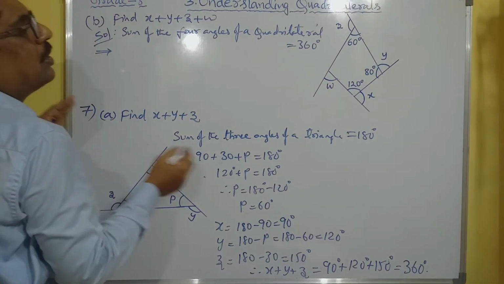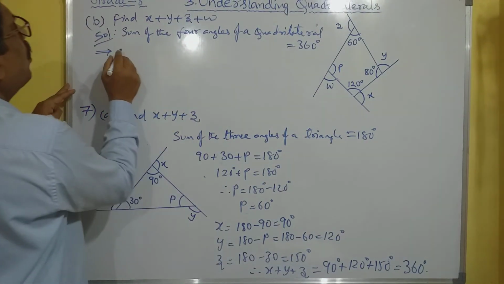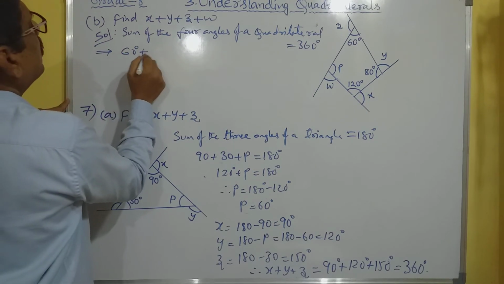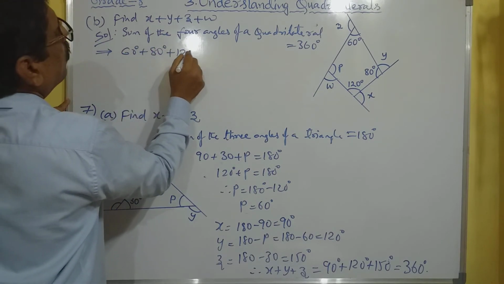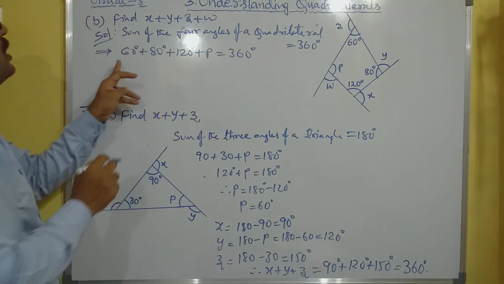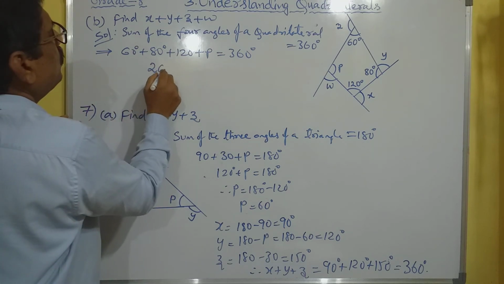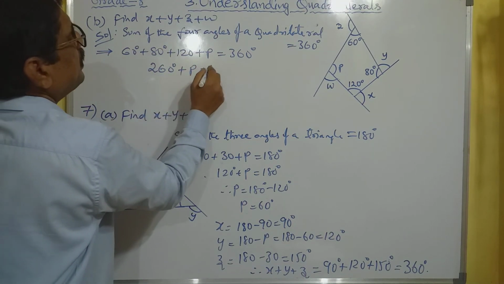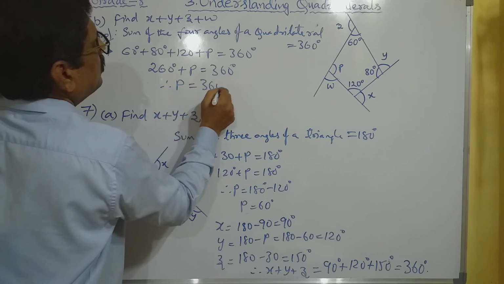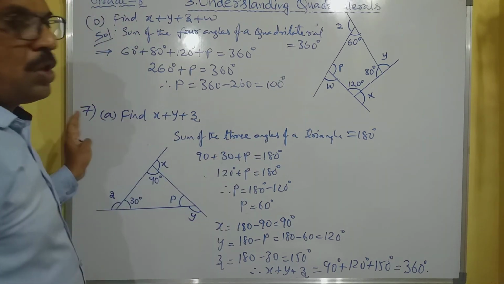This implies, let us take this unknown angle as P. So now 60 plus 80 plus 120 plus P is equal to 360 degrees. 60 plus 80 is 140, 140 plus 120 is 260 degrees, plus P is equal to 360. Therefore, P is equal to 360 minus 260, which is 100 degrees.